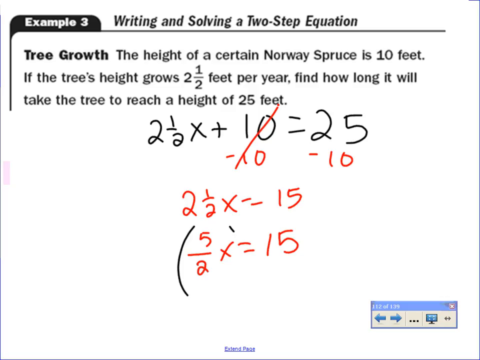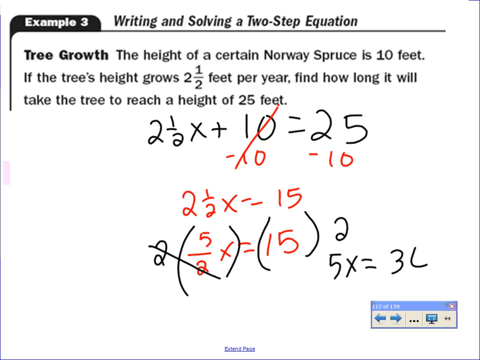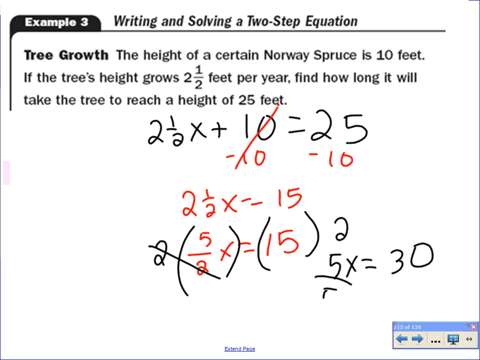Okay, next step, if you do it the way we did in class, get rid of the denominator, multiply both sides by 2. Okay, these cancel. We're left with 5x equals 30. And then divide both sides by 5. So Shane, how many years is it going to take for the tree to reach 25 feet? Good. So our answer here is 6 years.